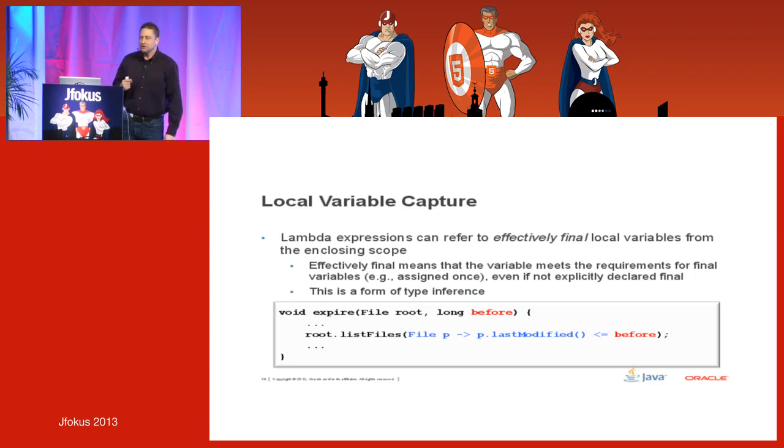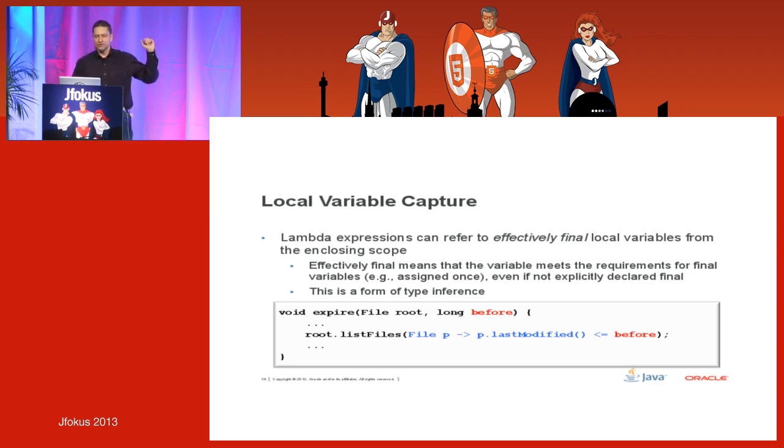In Lambda expressions, we allow you to refer to effectively final variables, which means that they don't have to be marked as final, but they have to behave as if they were marked as final, which means that, again, you can only assign a value to them once and it can't be changed. So long as you have a variable where you assign it once and you don't change it, then it can be determined to be effectively final, and you can reference that within your Lambda expression.